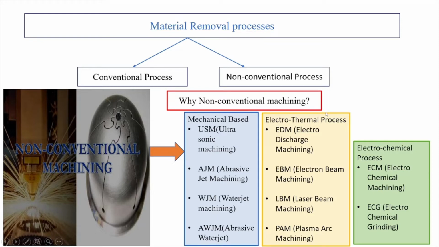In non-conventional machining techniques, there are mechanical based, electrothermal process based and electrochemical process based machining processes, and there are sub parts in each process, like in mechanical based process, ultrasonic machining, abrasive jet machining, water jet machining and abrasive water jet machining come into our picture.